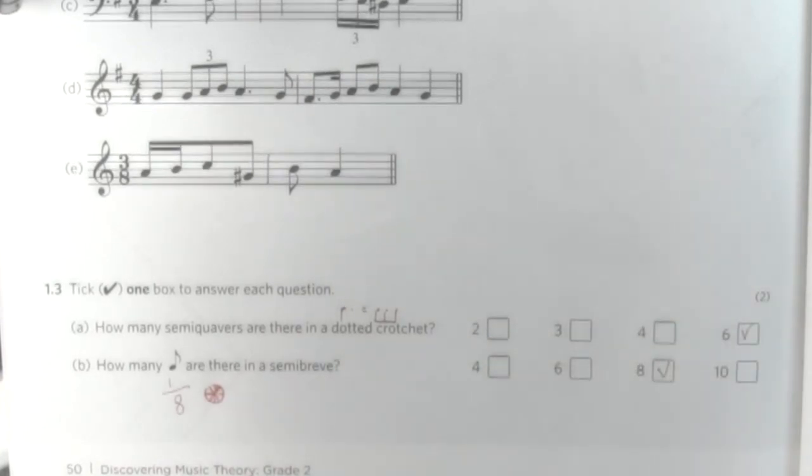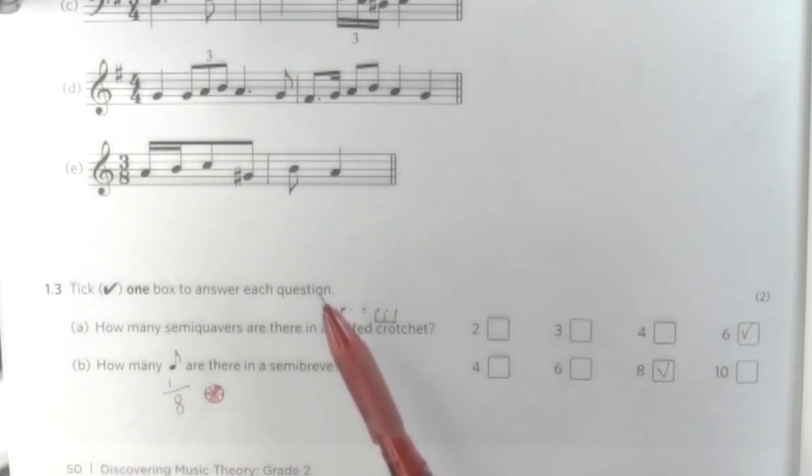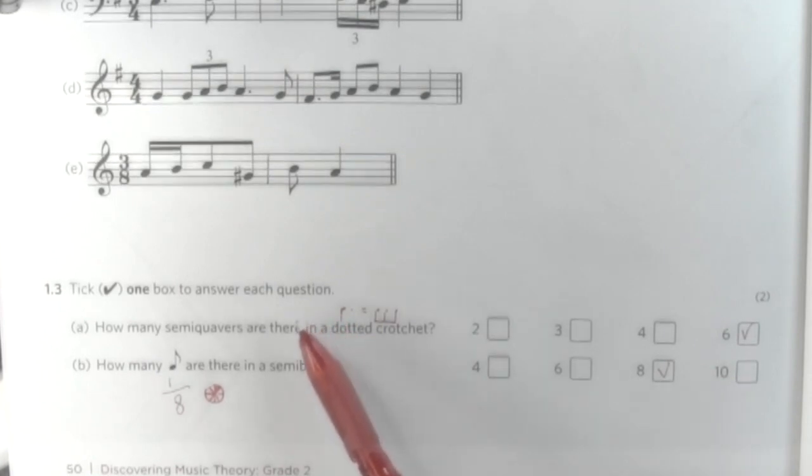So this gives me the opportunity to tell us that I strongly disagree with what I often find in theory books when they say that the semibreve counts 4, the crotchets count 1, and the quavers a half.